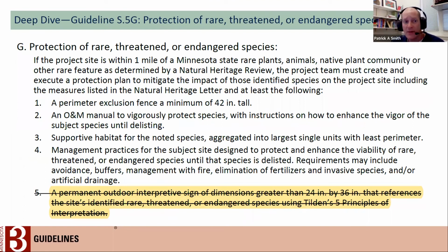Under S5G, we previously requested that if you are within a mile of Minnesota state rare plants, animals, or native plant communities, or other features determined by a natural heritage review, the project team would create a protection plan for those species.